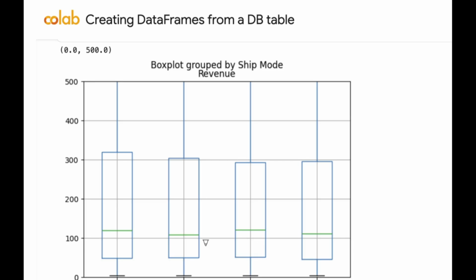For example, one question I can ask is something like, let's say a certain customer chose priority compared to another customer who may have chosen economy, right? Is the decision of which shipping mode to use driven by the total price?